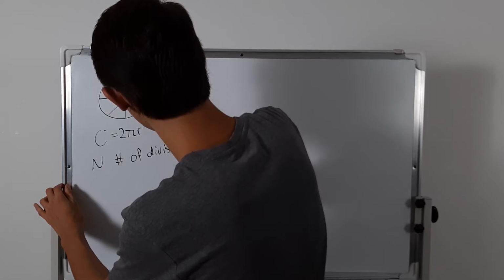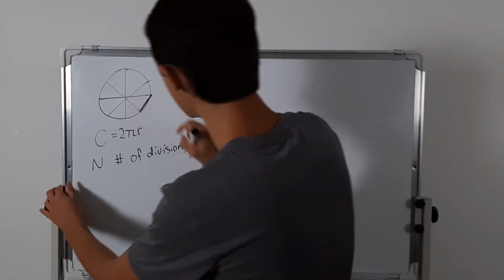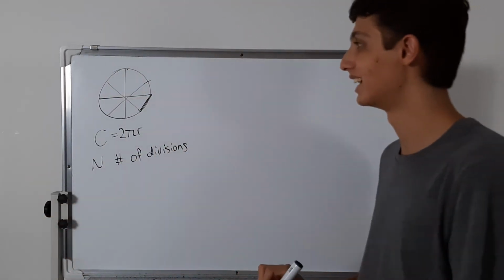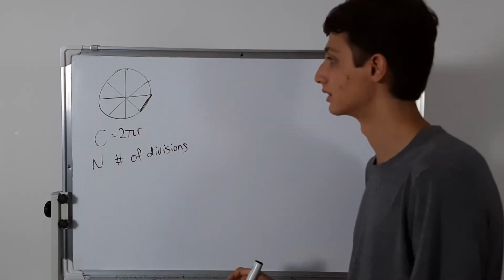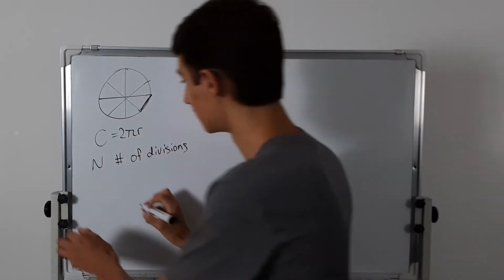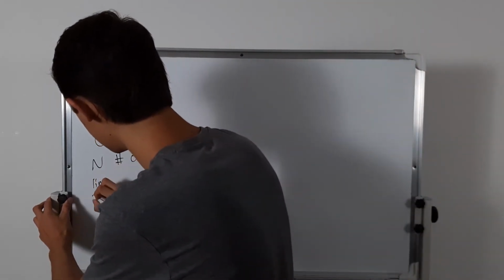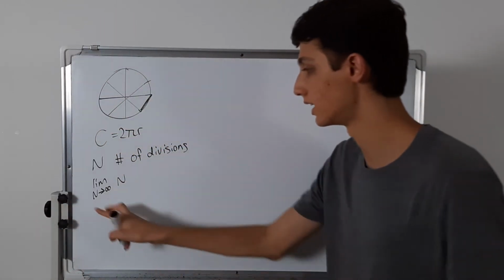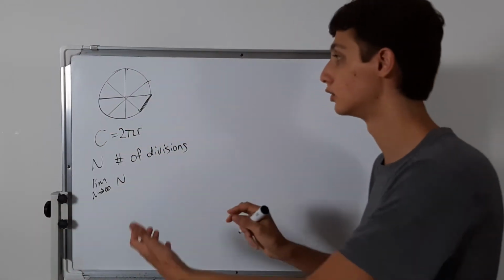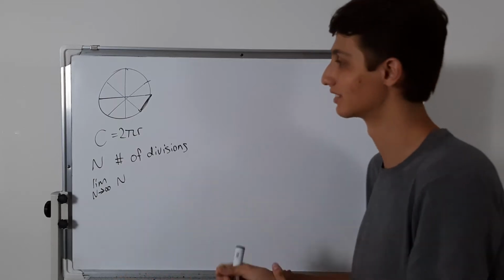That is our base, and it's going to be a fraction of the circumference, because we're taking the limit as n approaches infinity. We're taking the number of cuts and making as many as we can.